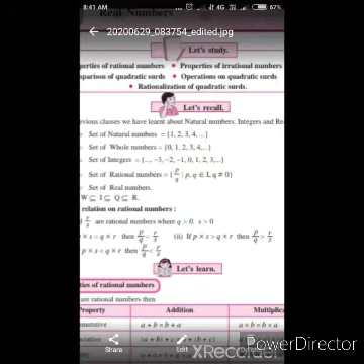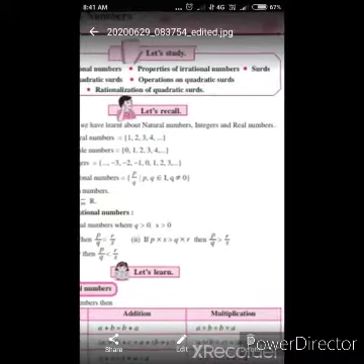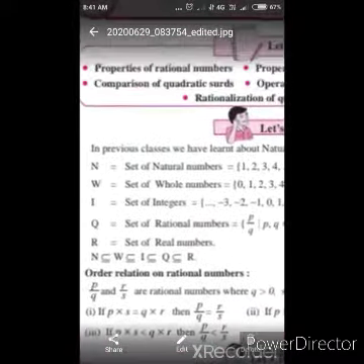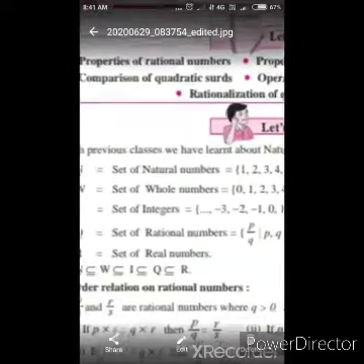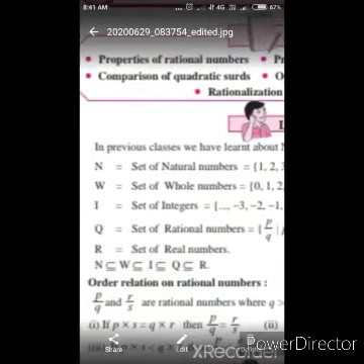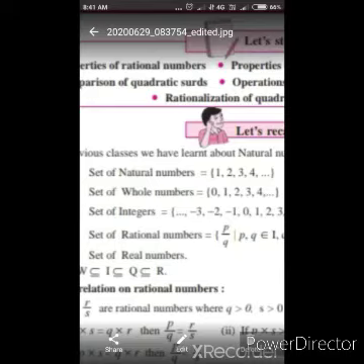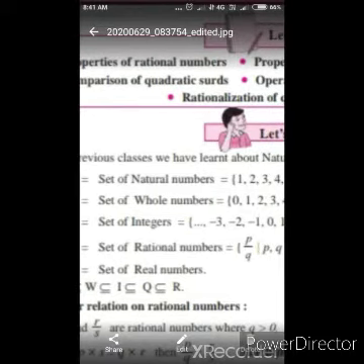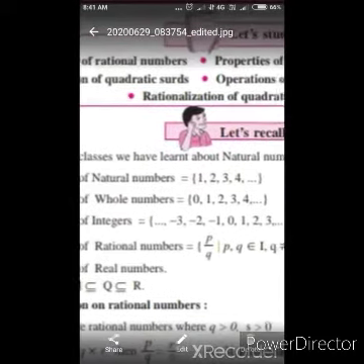So in previous videos we have learned about natural numbers, integers and real numbers. See, the set of natural numbers, which is denoted by capital N, starts from positive numbers 1, 2, 3, 4 and so on. Let us see whole numbers, the set of whole numbers, which is denoted by capital letter W, and it starts from 0, 1, 2, 3, 4 and so on.